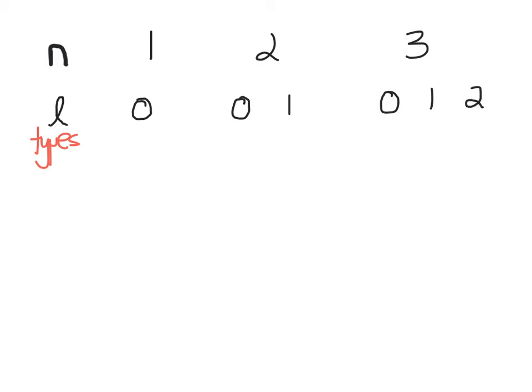So what does this mean in terms of types of orbitals? If L is 0, we have an s orbital. It doesn't matter which energy level we're on, it is an s orbital.